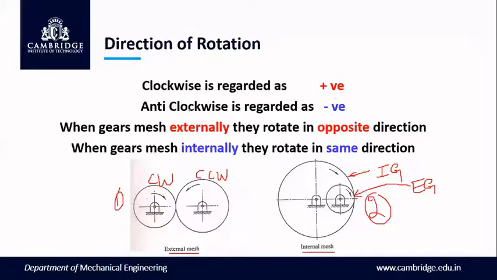So these two are internally engaged or internally meshed. Whenever one gear rotates in clockwise direction, the internal gear also rotates in clockwise direction. That means when an internal gear and an external gear mesh together, they rotate in the same direction.